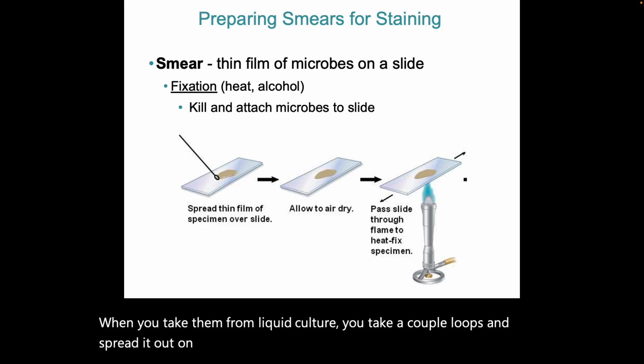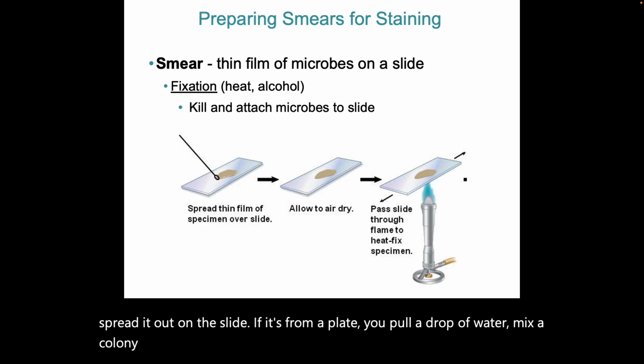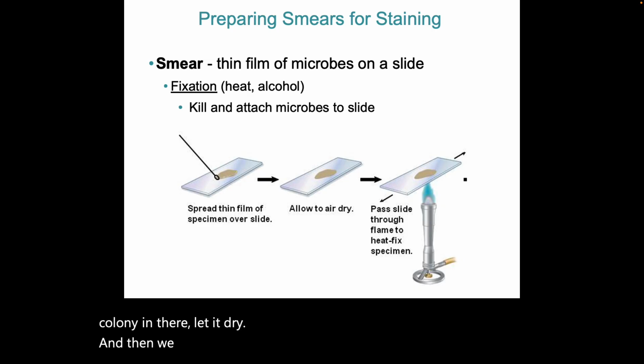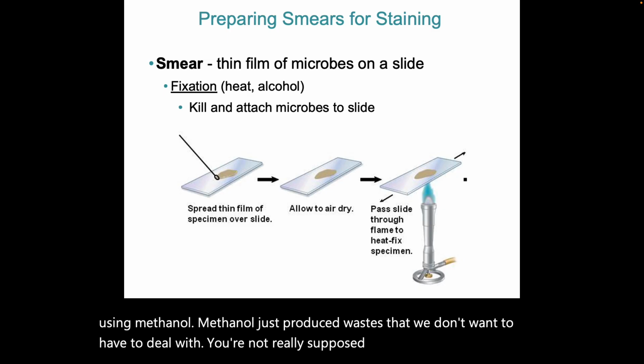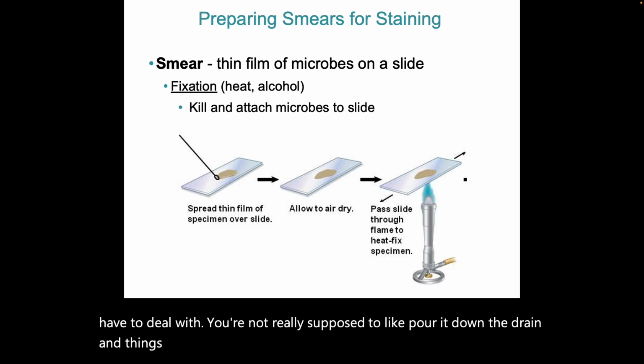If it's from a plate, you put a little drop of water, mix a colony in there, let it dry. And then we fix them. You can fix a couple of different ways. You can fix using methanol. Methanol just produces wastes that we don't want to have to deal with. You're not really supposed to pour it down the drain, especially in the quantities you would need to fix. So we use heat.